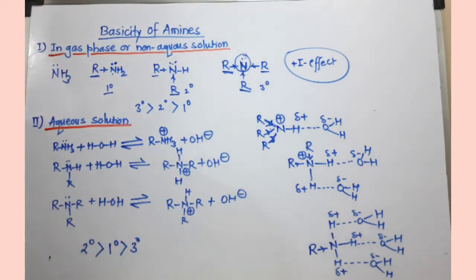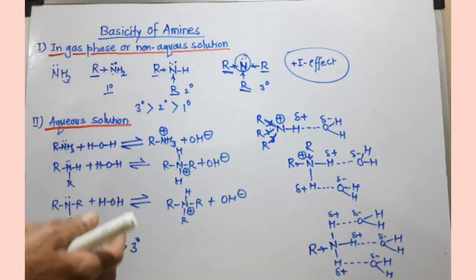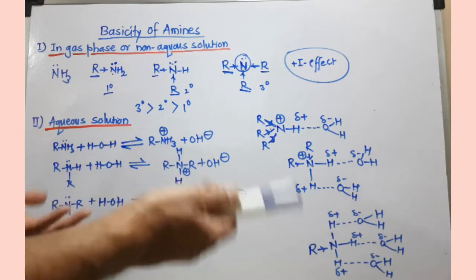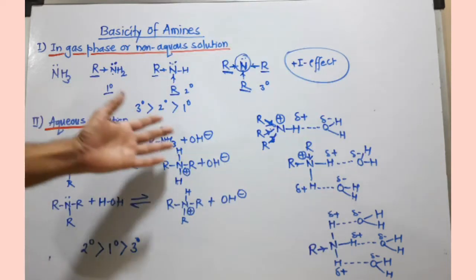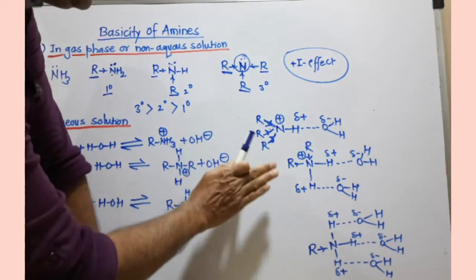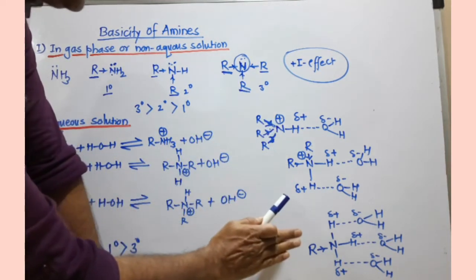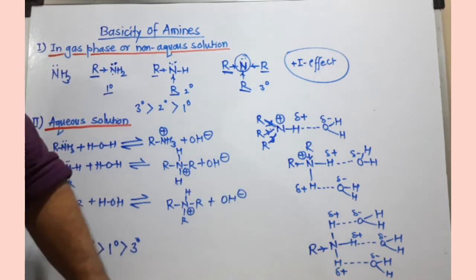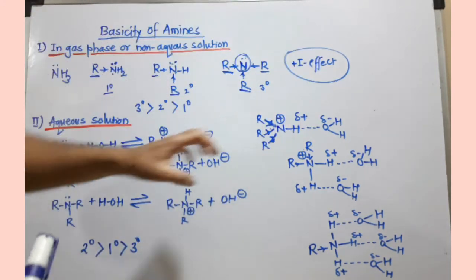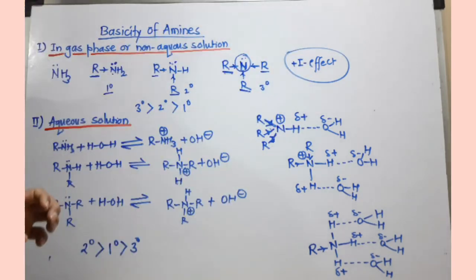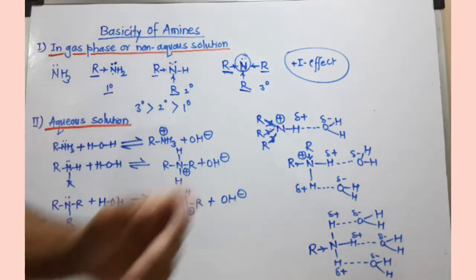So it depends on how many hydrogens are there. If more hydrogens are there, more number of water molecules are associated with this cation. That means we can say these cations are solvated, and solvated cations are actually more stable. So because of this aggregation of solvent molecules, these cations are stabilized.